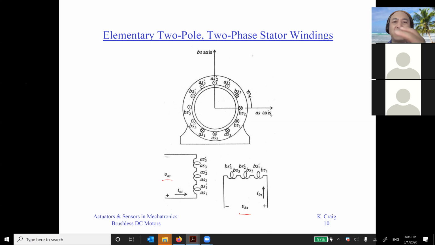Then you will have a rotating magnetic field so that you can bring this rotor, the armature, to rotate. Of course, the coils can be arranged differently. This is just a two-phase stator winding. You can have multi-phase.